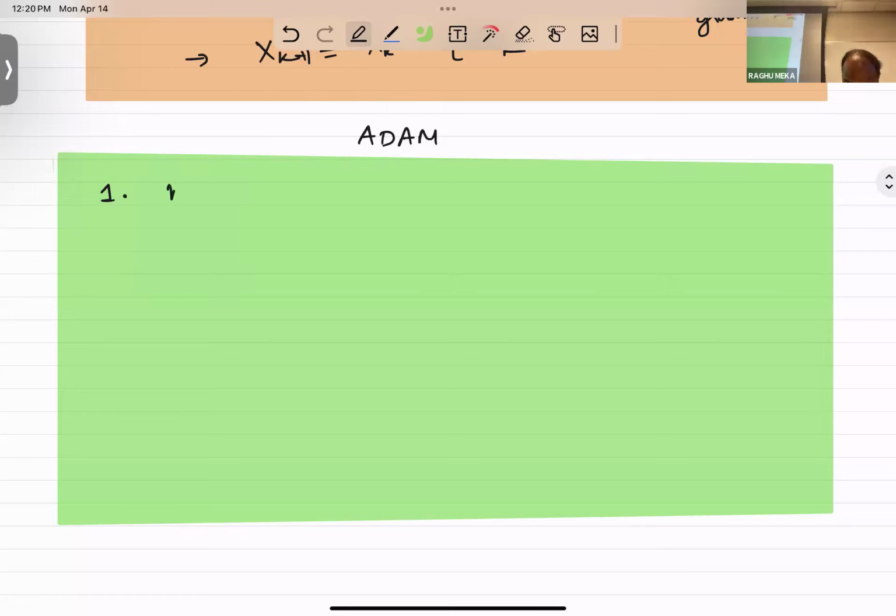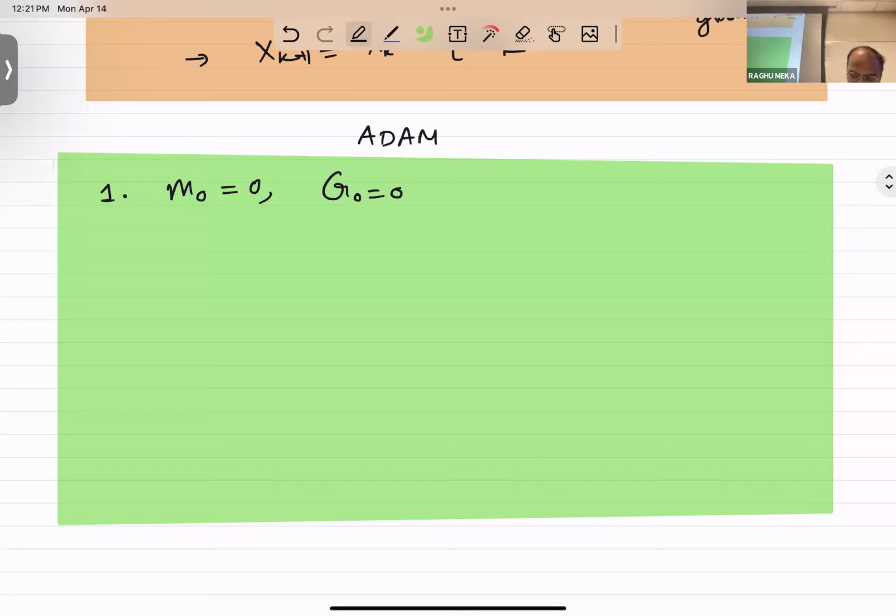So we're going to initialize. So let's say the momentum term is 0, and there's also a term which corresponds to something like the G's that we were accumulating, okay?